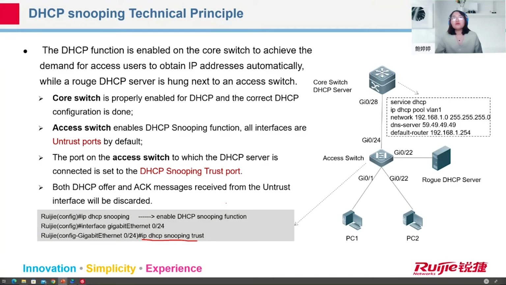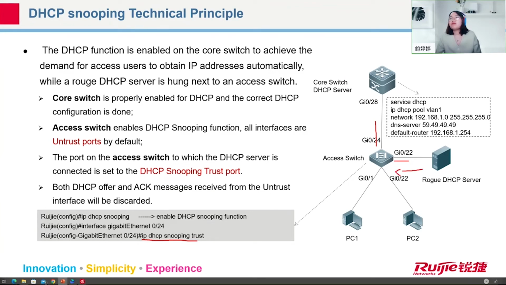After we add the configuration, what's the effect? Both the DHCP offer and ACK messages from the DHCP server received from an untrusted interface will be discarded. So in this scenario, when PC1 sends out the discover message to the access switch, it will be flooded to the correct server and to the incorrect server.